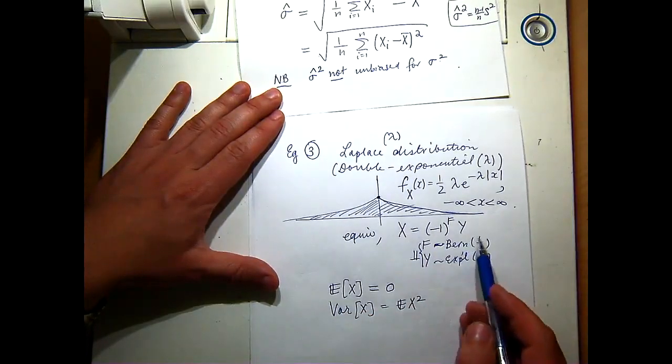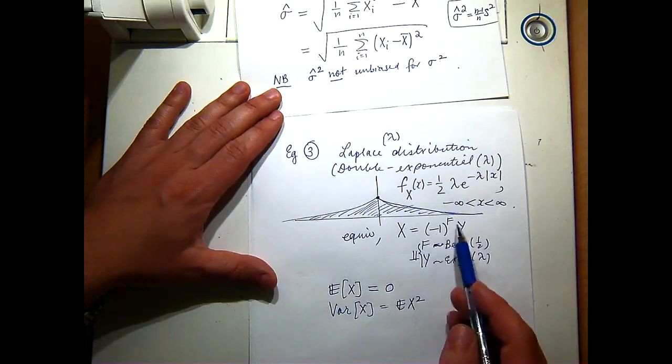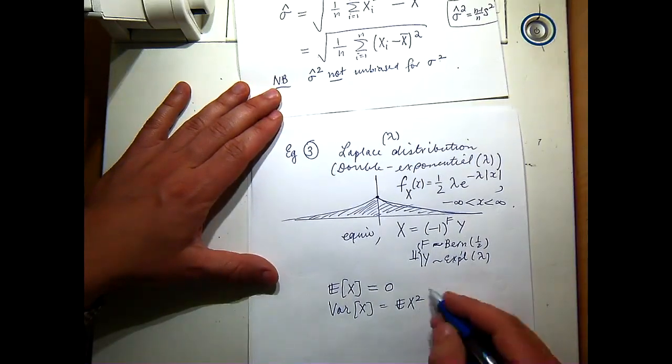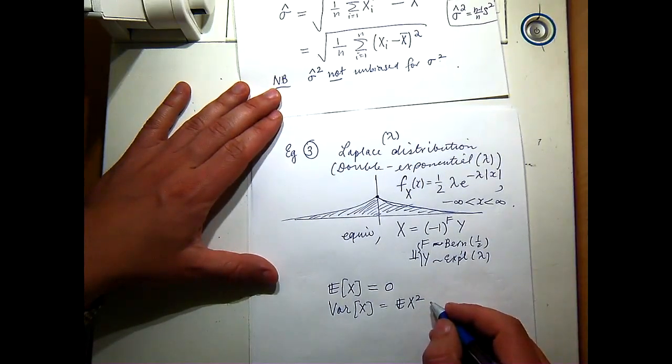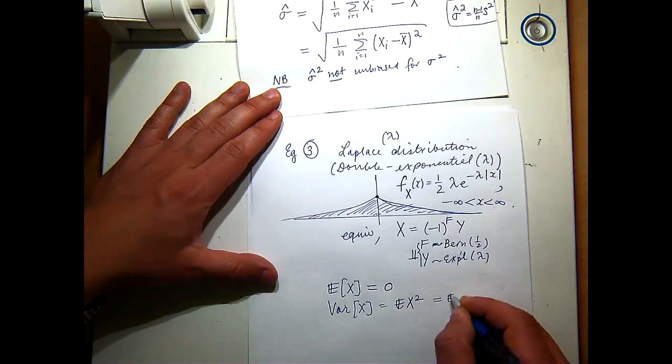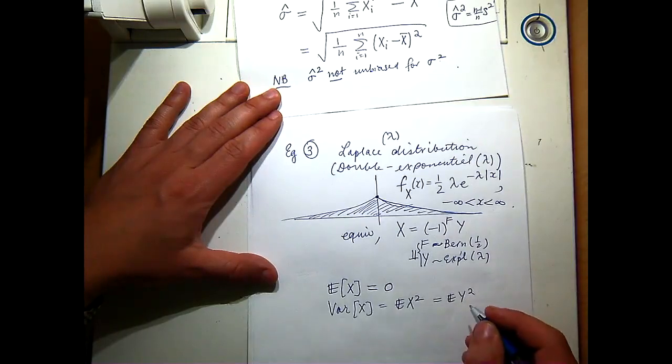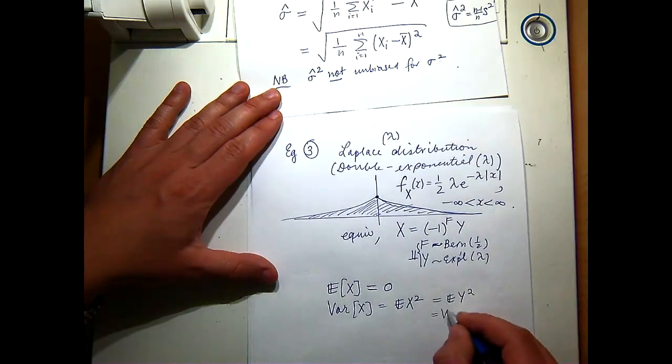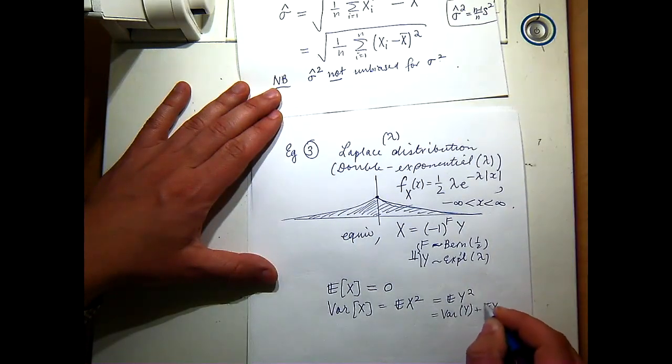If x is just an exponential with a sign that's either plus or minus 1, then what's the expected value of x squared? It's the same as for exponential. The sign has vanished once you square it. So I guess I have to say that's the variance of an exponential plus the expected value of y squared.